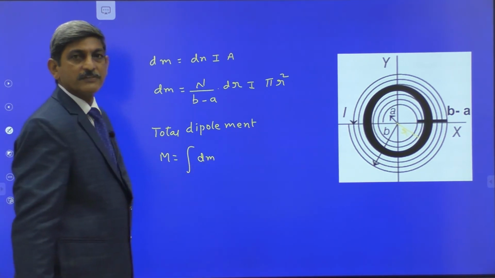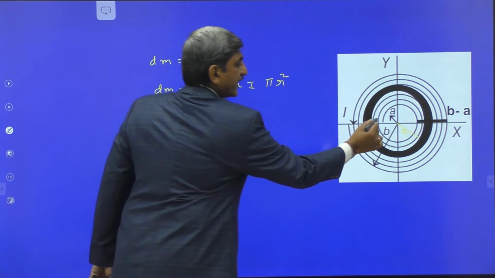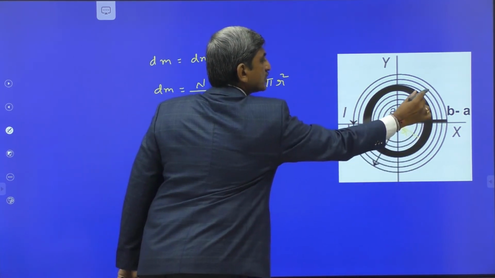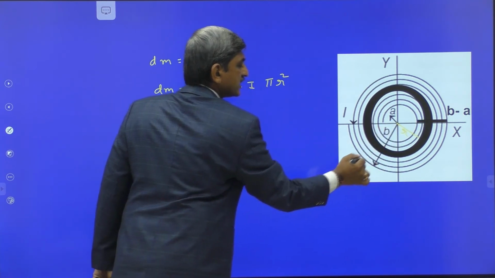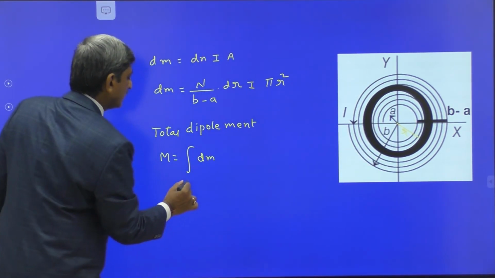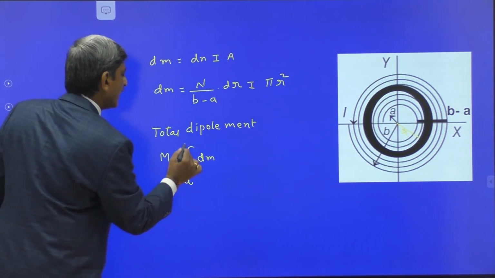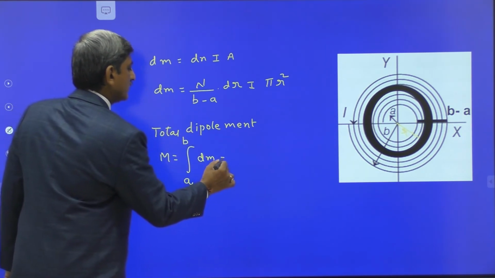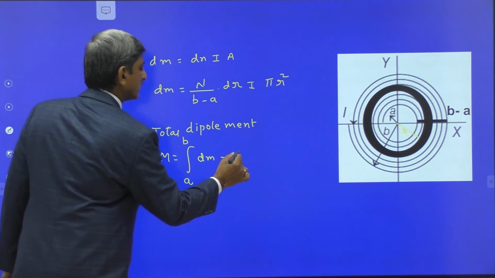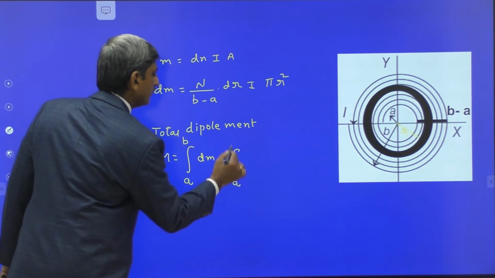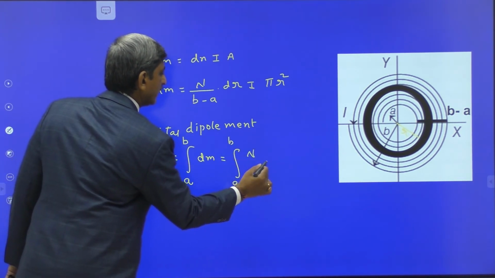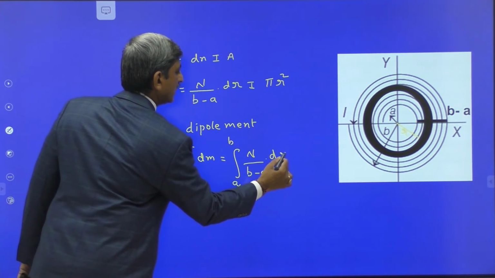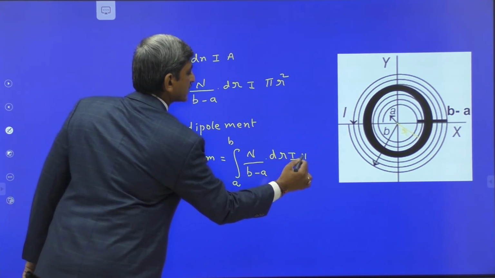Here what are the limits of the integration? For the innermost coil the radius is equal to a, and for the outermost turn the radius is equal to b. That's why we have to take a and b as the limits of the integration. Now substitute this dm value in this equation, it becomes integral a to b n by b minus a into dr I pi r square.